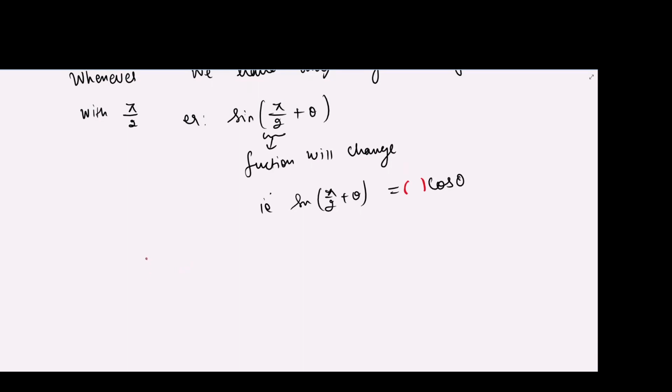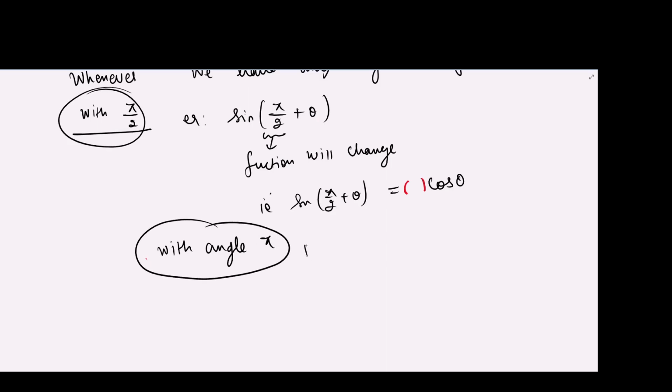Next we have the angle pi. So this is with pi by 2 and this is with pi, that is sin(pi plus theta) is equal to sin theta.